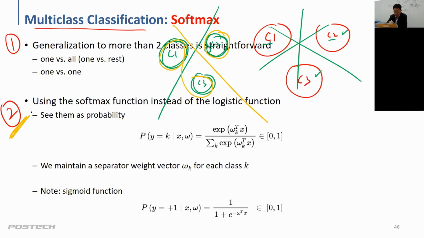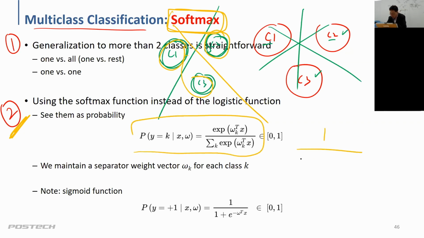And the second thing, which is more important, the only thing that you have to remember is softmax. It's the same as logistic regression. We use logistic functions or sigmoid functions, but softmax you can think of as the version of logistic regression for multi-class classification. Let me rewrite it.